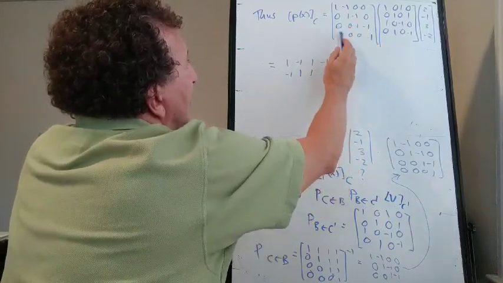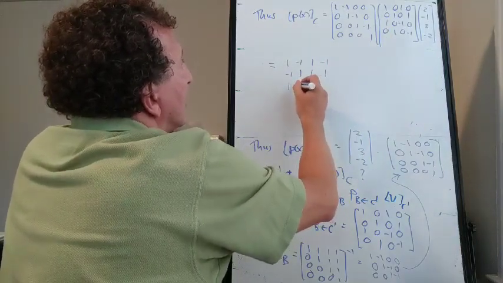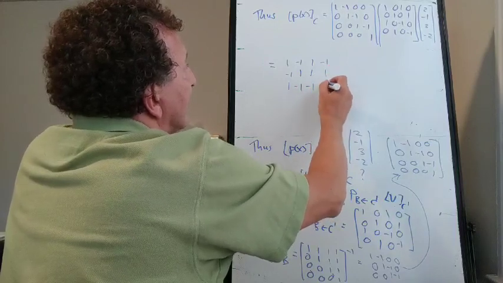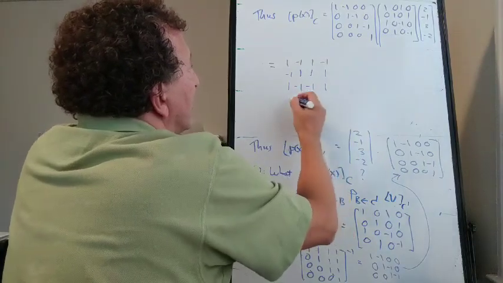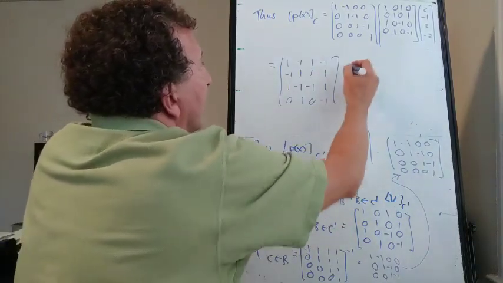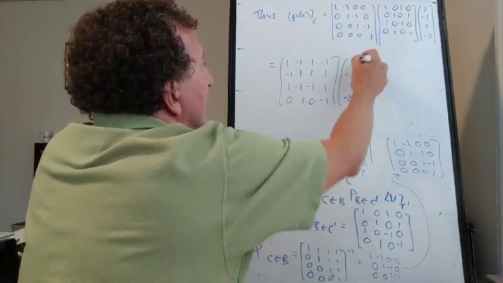The third row is going to be third row minus fourth. So 1 minus 0, 0 minus 1, -1 minus 0, 0 minus -1. And then the fourth row is just going to be the old fourth row: 0, 1, 0, -1. All of that times 2, -1, 3, -2.